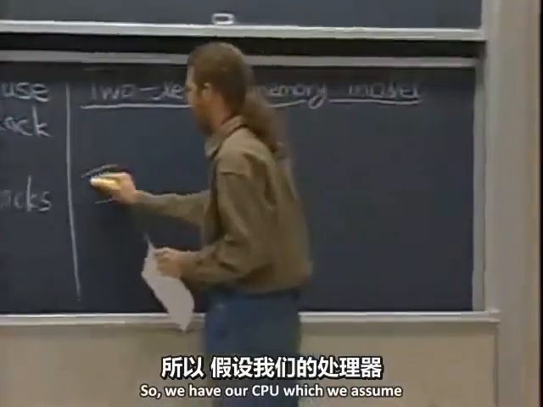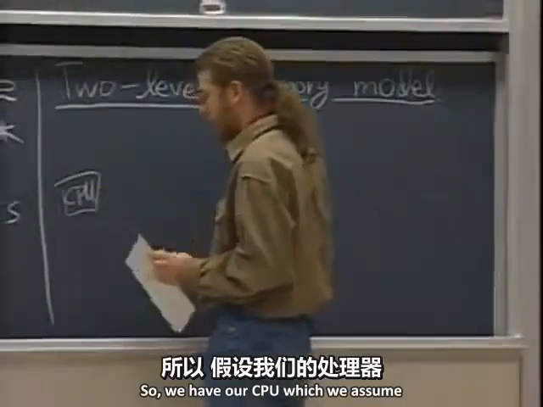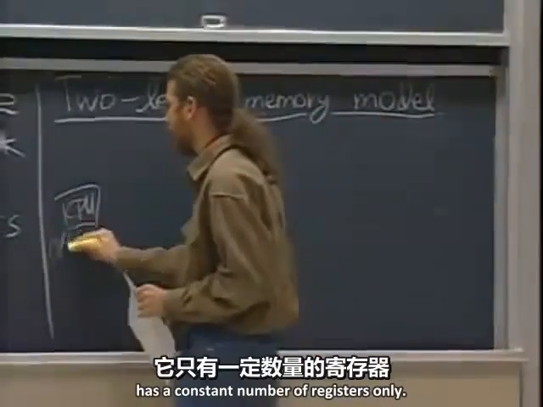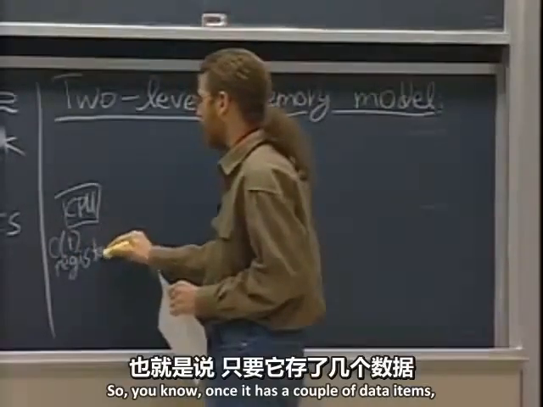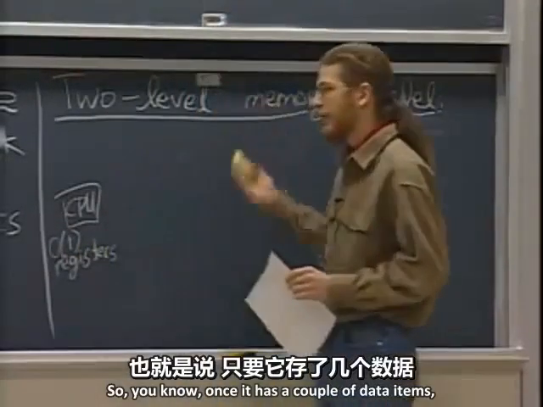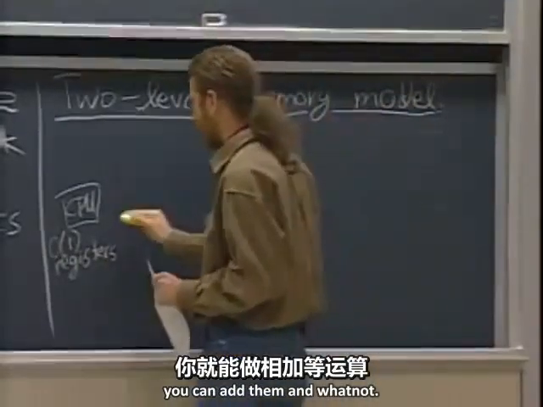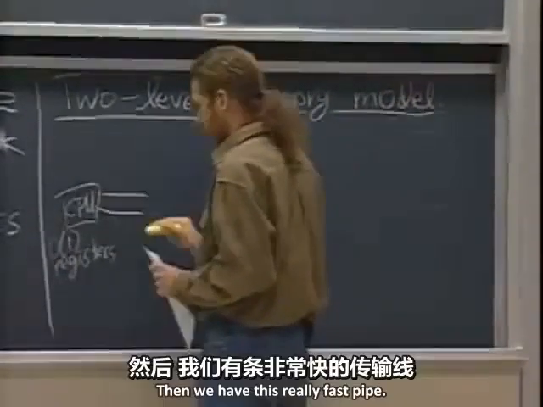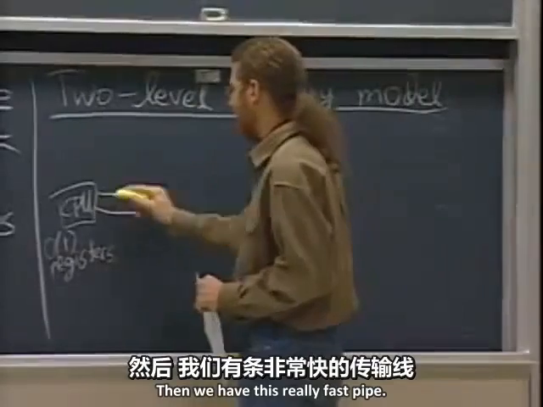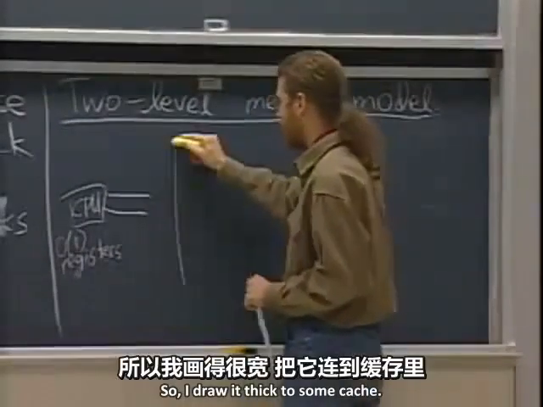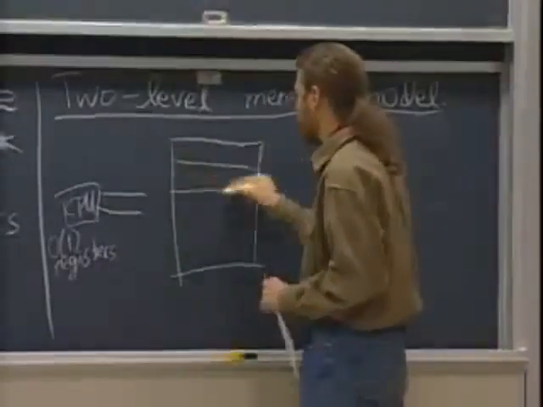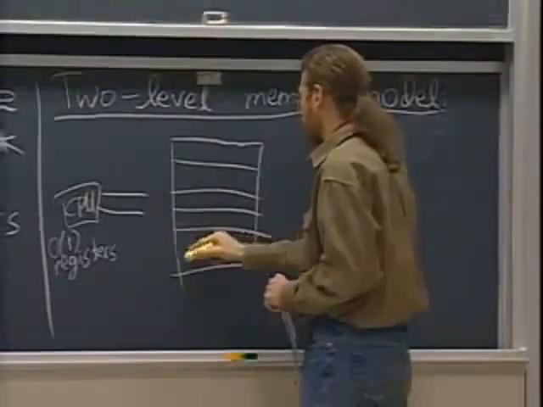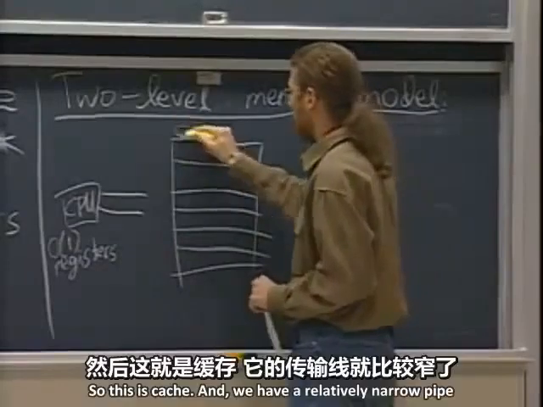So we have our CPU, which we assume has only a constant number of registers. Once it has a couple of data items, you can add them and whatnot. Then we have this really fast pipe, so I draw it thick, to some cache. So this is cache.